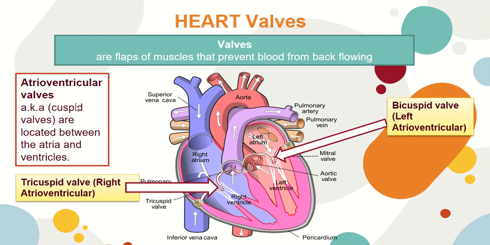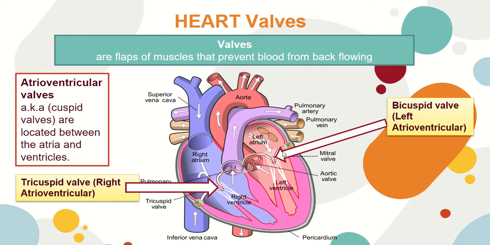Okay? Atrioventricular valves, since one is located between the right atrium and the right ventricle, there is a valve there. And this valve, we call the tricuspid valve, or the right atrioventricular.